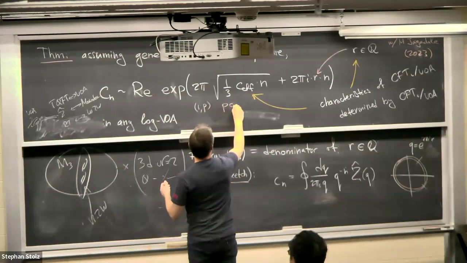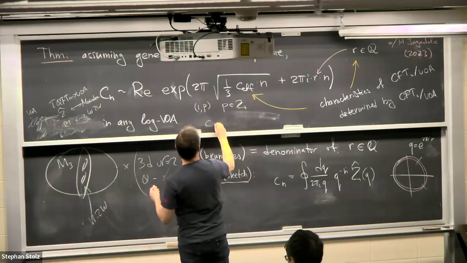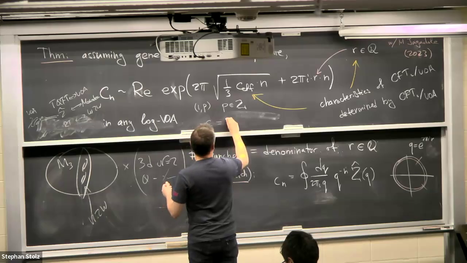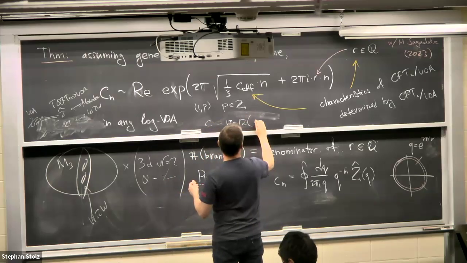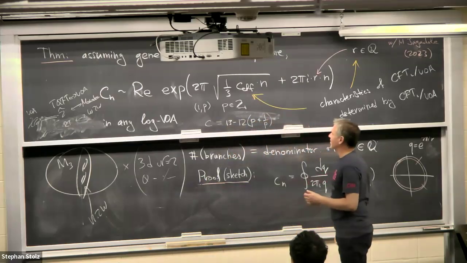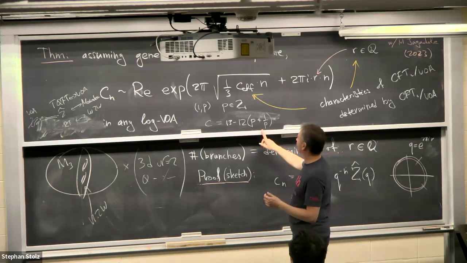So p is, for example, a non-negative integer, but the central charge would be something like 1 minus 6 times (p plus 1 over p minus 2), if I'm not mistaken. I think that's right. So for p equals 2, I want to get minus 2.